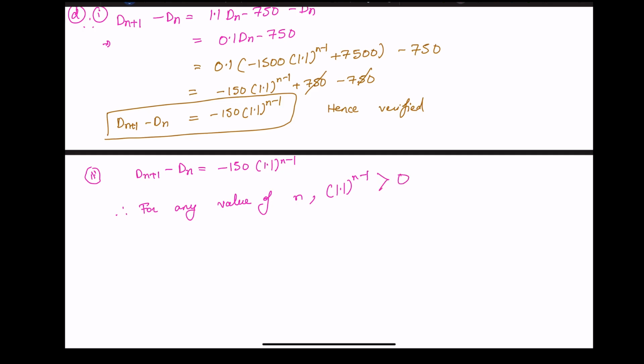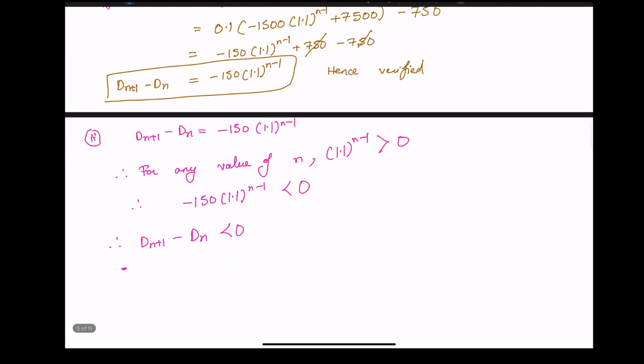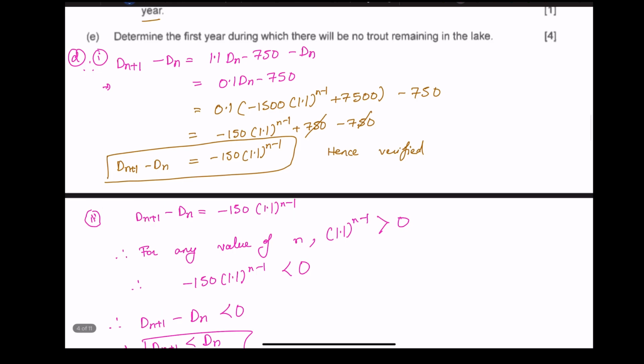So whatever value you put in for n, this quantity will always be positive. Therefore, minus 150 (1.1 to the power of n minus 1) will always be negative. And therefore, dn plus 1 minus dn will always be less than 0. So if I shift dn to the other side, dn plus 1 is less than dn. That's what we need to show.